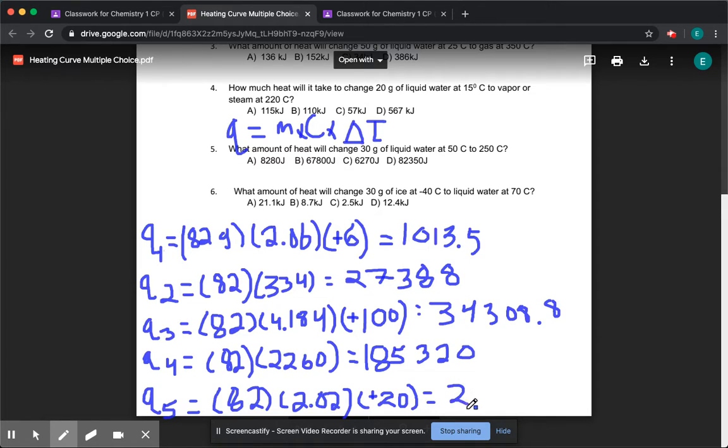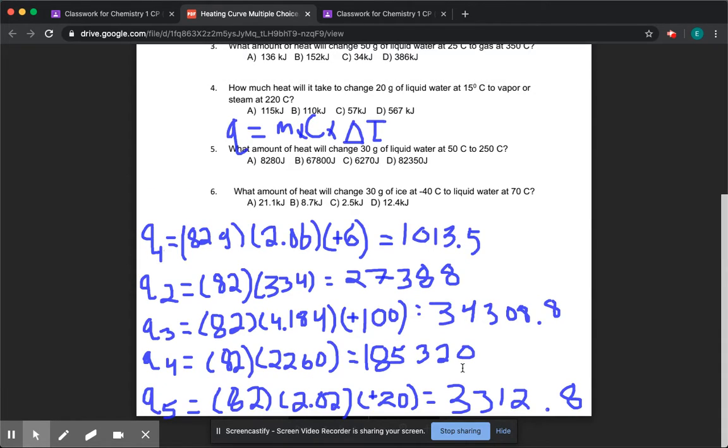This is 3,000... 12.8. So by far the biggest contributor was the fourth step, which is where we are vaporizing the water, okay? Going from liquid water to gas, okay? That takes a lot of energy, okay?